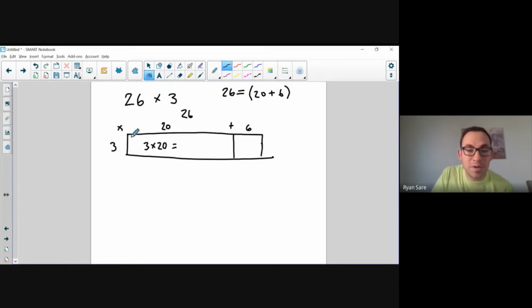And it's as though I'm trying to find the area. So you can almost picture those little squares that we drew before. But I don't want to draw 20 squares times 3 squares. That's a lot. Then over here, this one's going to be 3 times 6, because this part of the rectangle is only 6.